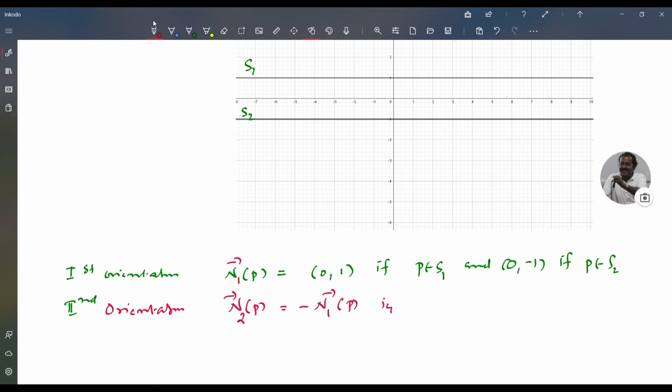That is (0, minus 1) if p belongs to S1 and (0, 1) if p belongs to S2. So that is this orientation: (0, minus 1) if p belongs to S1 like this, and (0, 1) if p belongs to S2.